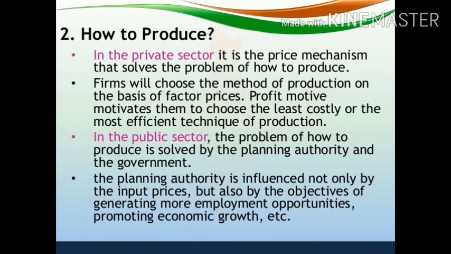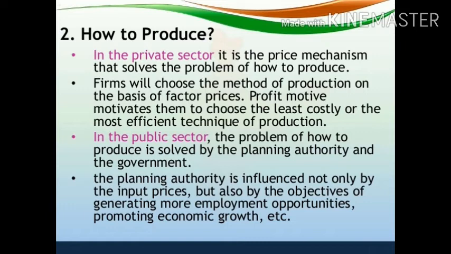The question is how to produce. The solution to this question in a mixed economy is in two parts, that is in a private sector and in a public sector, because in this economy two sectors function parallelly. It is the price mechanism that solves the problem of how to produce.